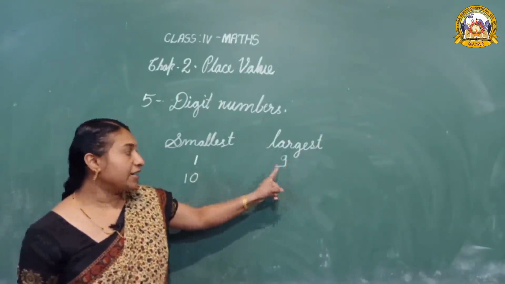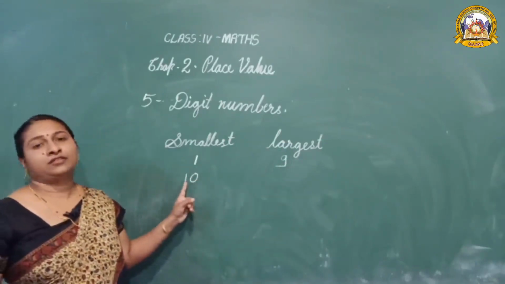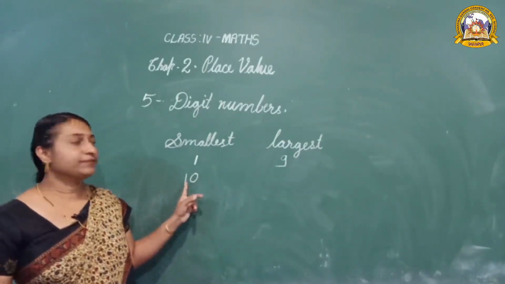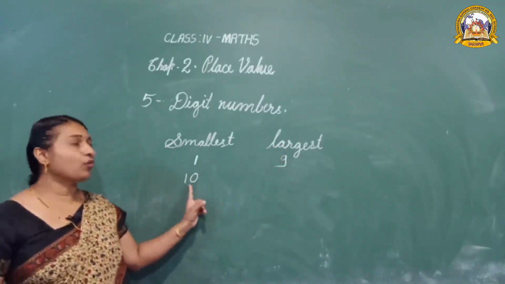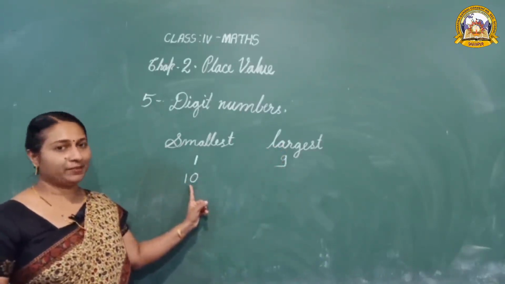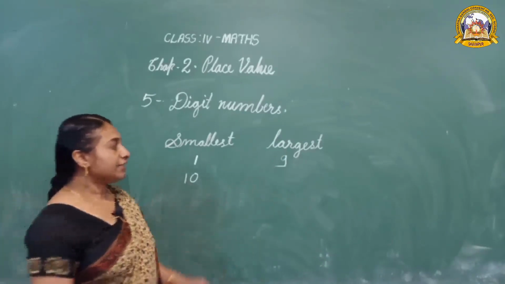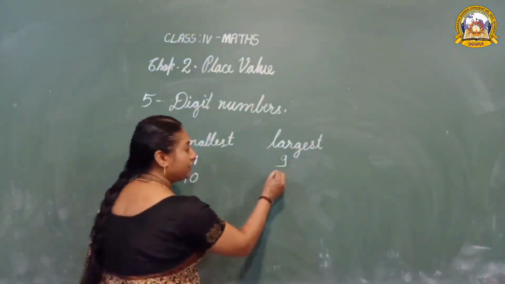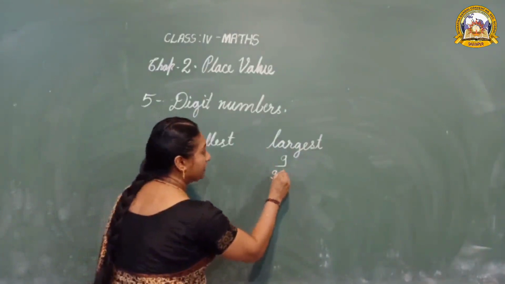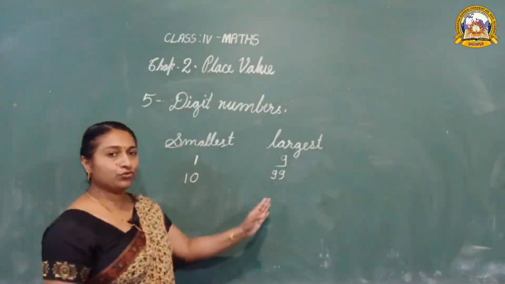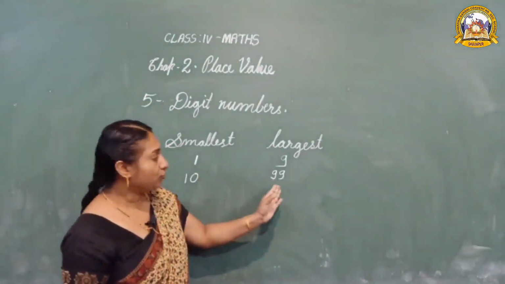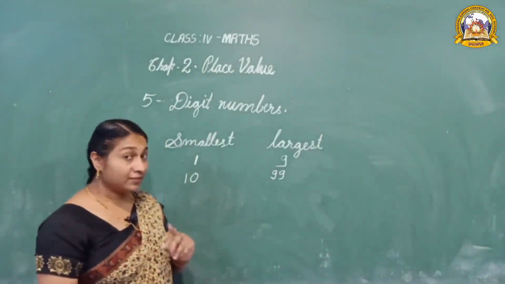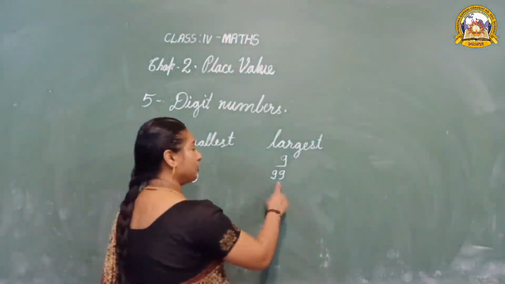Means 9 plus 1 is equal to 10. Largest 1-digit number plus 1 is equal to smallest 2-digit number. Okay. Next, largest 2-digit number. Yes, the digit 9 two times. When we write the digit 9 two times, we can get the largest 2-digit number.